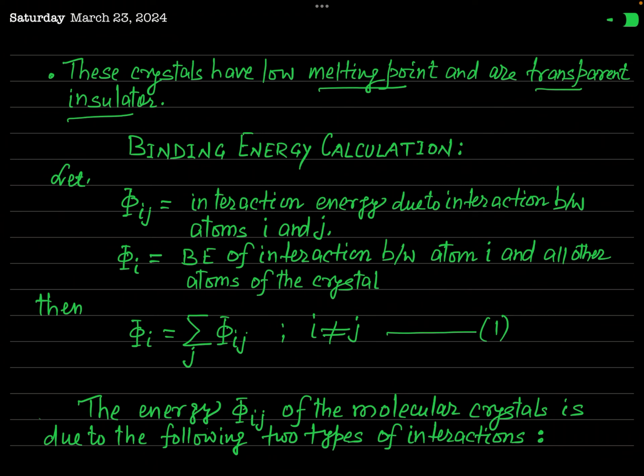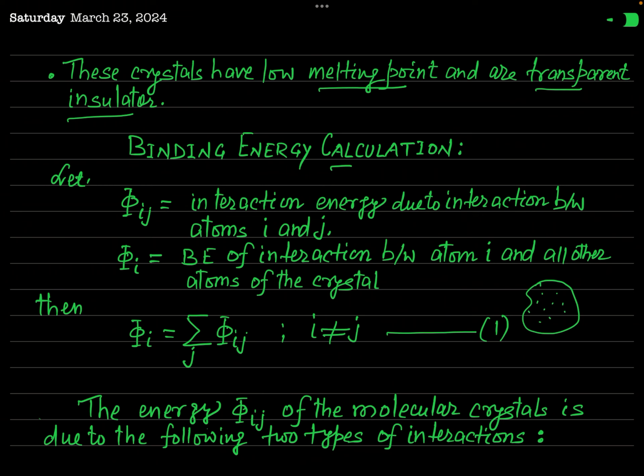But our prime aim of this lecture is to discuss how to determine the binding energy of this very crystal. So let us see the steps following which you can calculate the binding energy of this crystal. For this, let us consider there is a specimen of molecular crystal, and the specimen consists of several atoms.